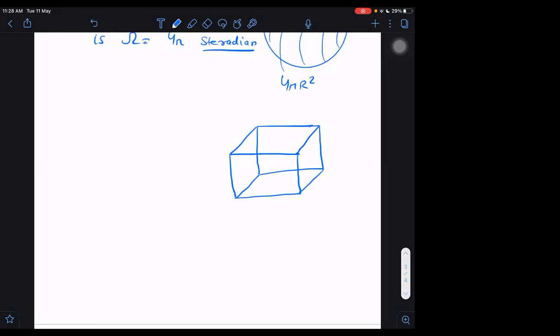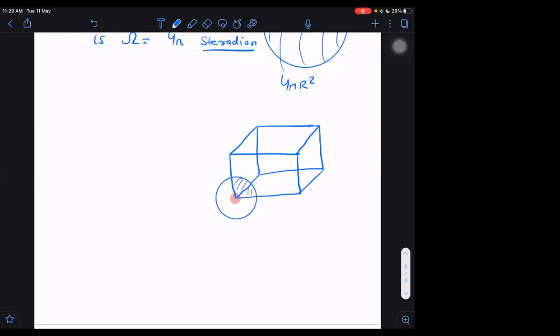Draw a solid sphere at any one corner, with the center of the sphere at the corner.